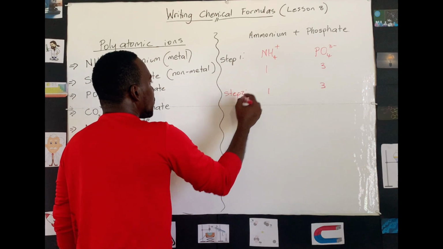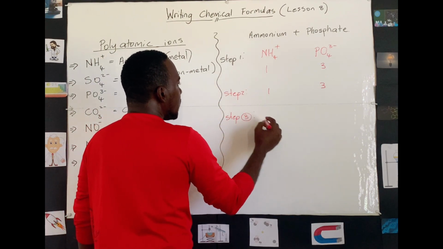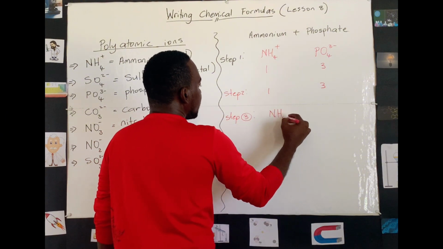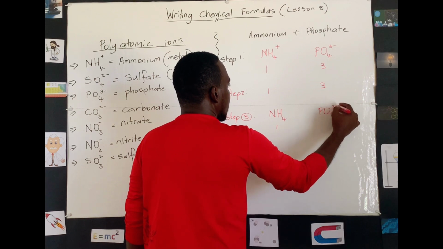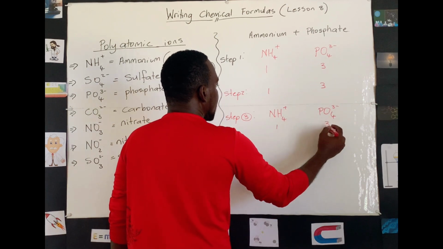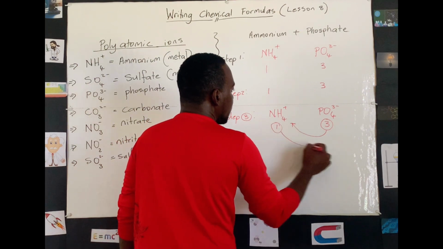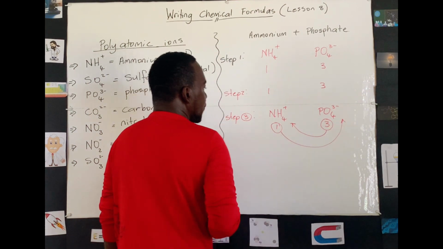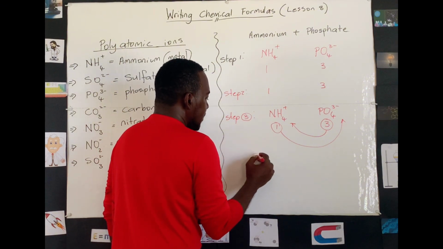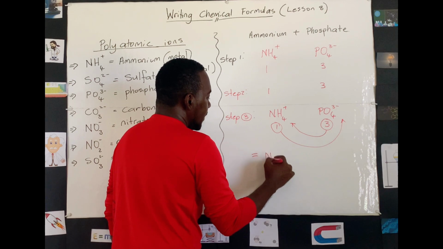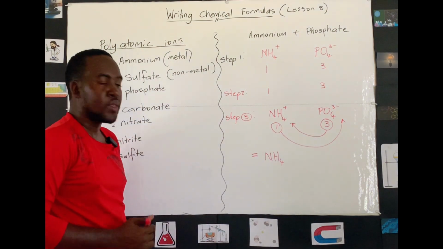And then step 3 is to cross them over. Alright, so therefore ammonium is 1, phosphate, which is 3, we take this 3, put it over here, and take this 1, put it here. So therefore the formula for this is starting with the positive metal one first, so that's NH4. Now this says you have 3 NH4. How do you put?